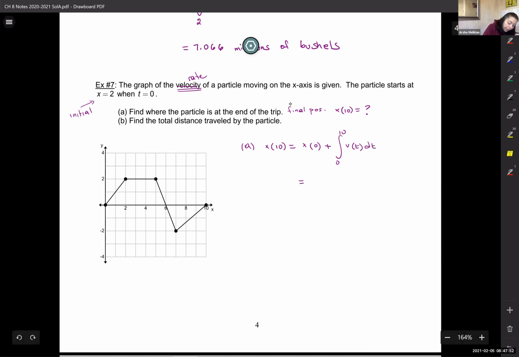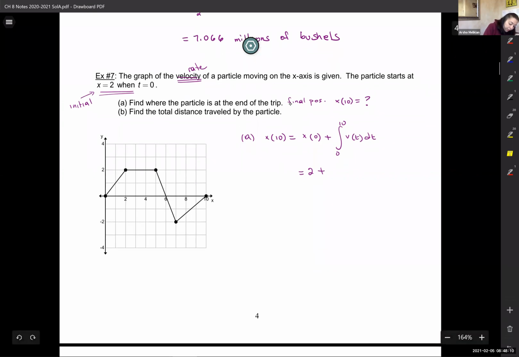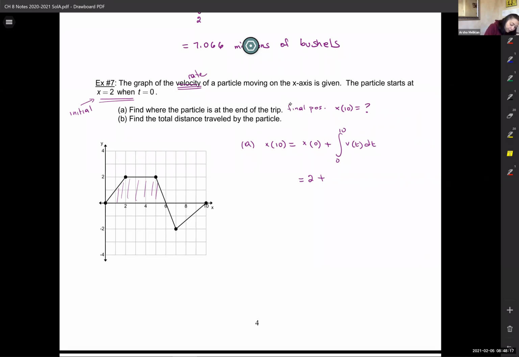Okay. X of 0 is 2. That's what's given to us here. Plus, now I need to find the integral here. Integral just means area. That means I need to find the area under this curve here. All right. Let's see. We've got a trapezoid here. So the area is the height, 2 over 2, times base 1 plus base 2.